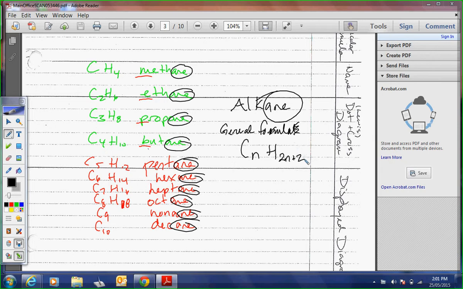So when it's C9, it must be H. 2 times 9 is 18. Plus 2 is 20. So it must be C9H20. And C10H22. And so C100H202. And those things tell you it's an alkane.